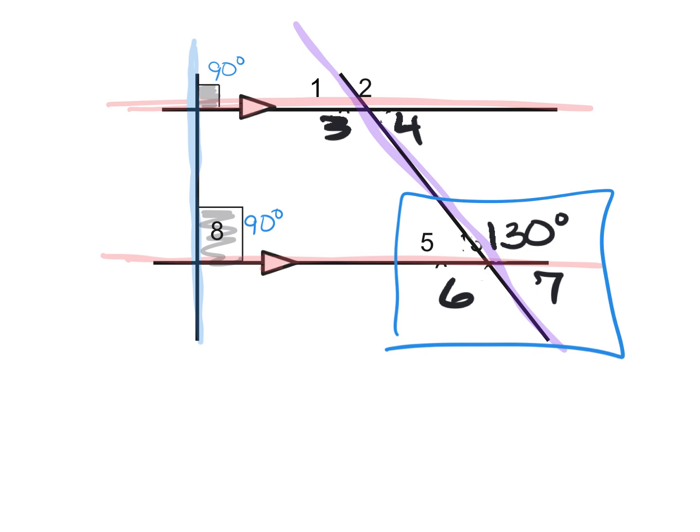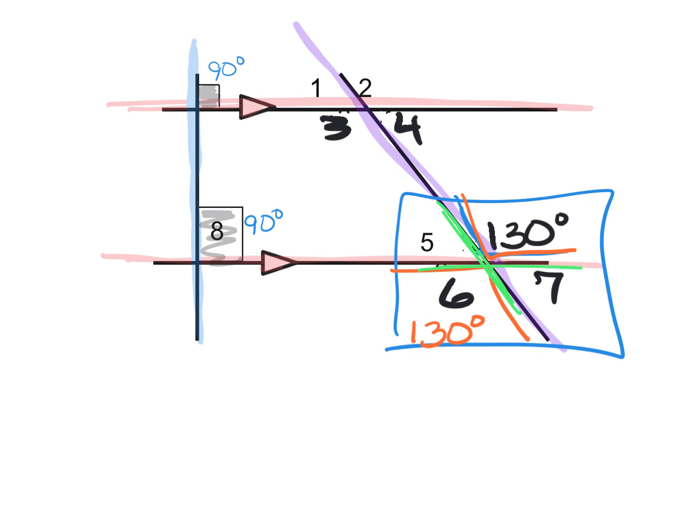I can use all my information from Chapters 1 and 2, because I can see that angle 6 along with the 130, these are a pair of vertical angles. So angle 6 is going to be 130. And then if you look at angle 5 and 6 together, or even 6 and 7, these are a linear pair.